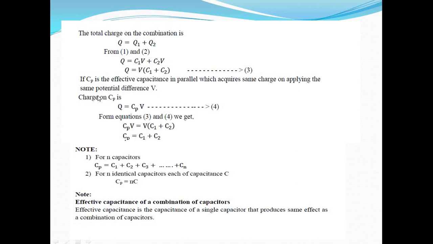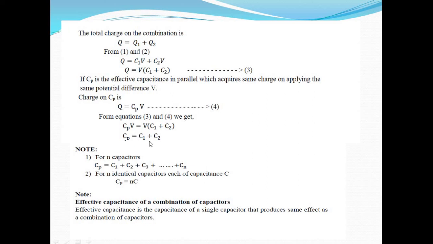Afterwards, Cp is the equivalent capacitance. We will get the value of Q here that we have to substitute on the left hand side. Okay students? So here in the next step what happens? V gets cancelled. So Cp, means effective capacitance of the parallel combination, is equal to the sum of the individual capacitances when the two capacitors are used.